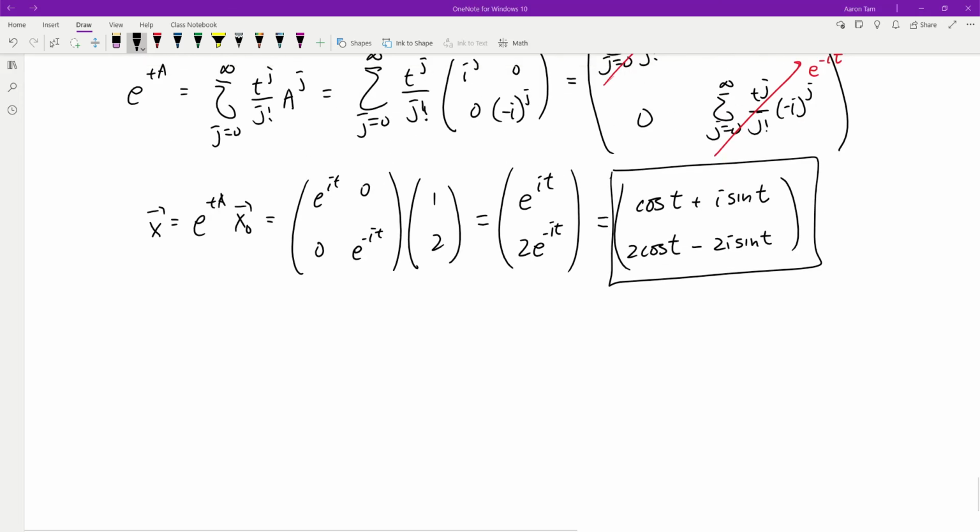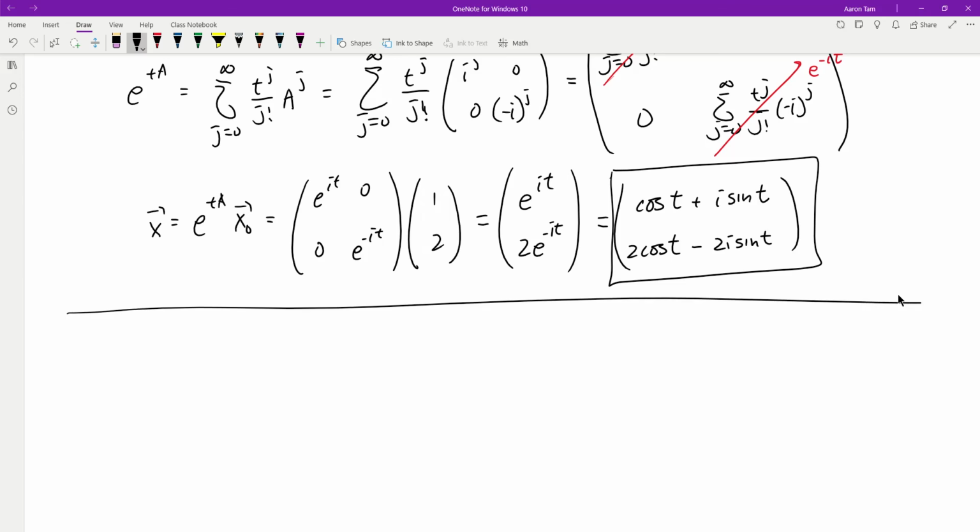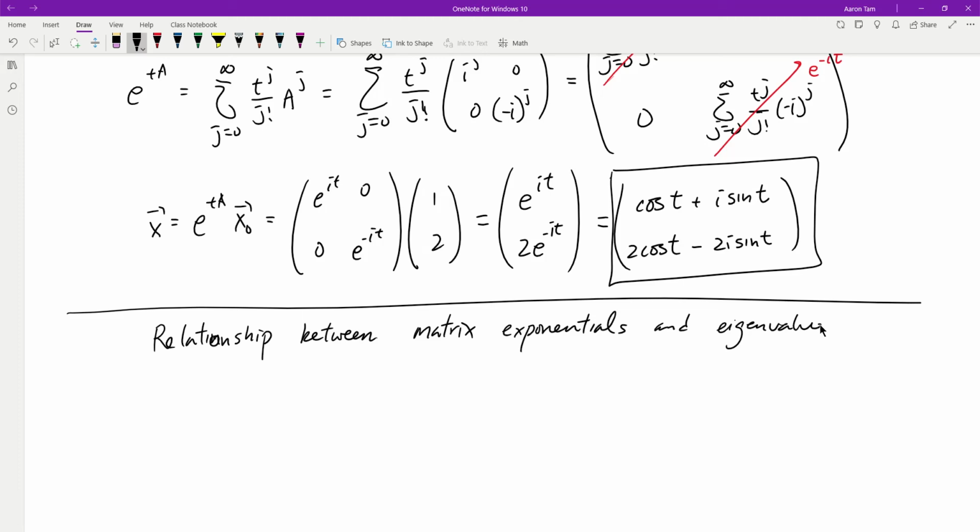And there is. The tricky part is that it uses something that we already know how to do. Next we're going to talk about the relationship between matrix exponential and eigenvalue eigenvectors.